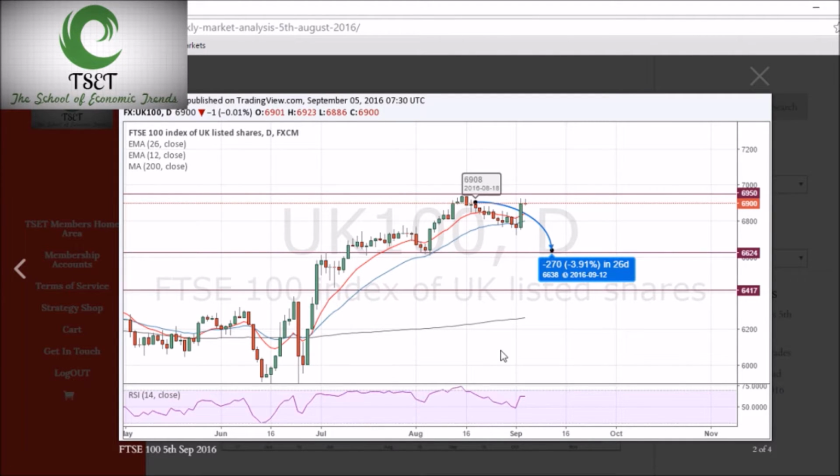It's still facing a really strong resistance level at the price of 6950. Today the markets are pretty much flat and not doing a lot. But we still believe it should drop to 6624, if not then 6417. But it is taking longer than usual.